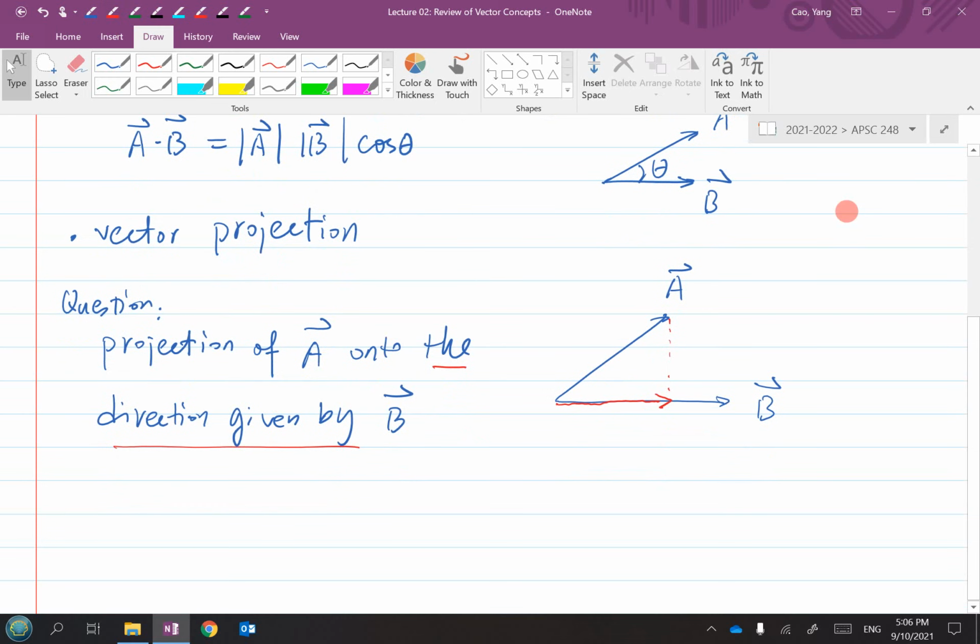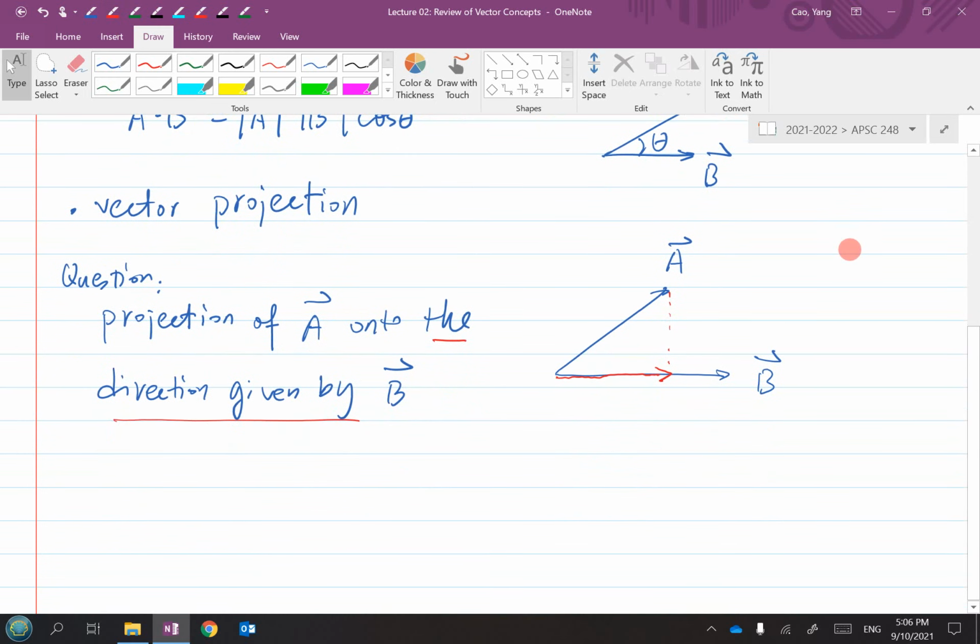So how do I calculate this new vector here? Let's do it, and while we're doing it, I will figure out some meanings of a dot product. I'm going to use this symbol here. I'm projecting A onto the B direction.